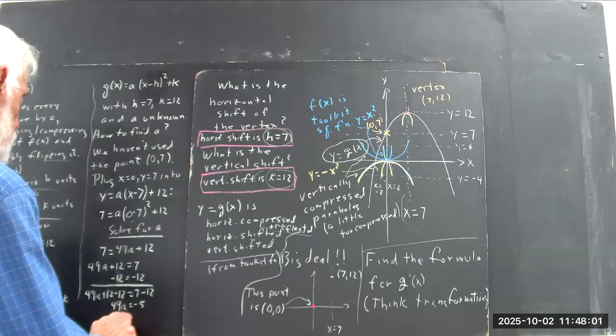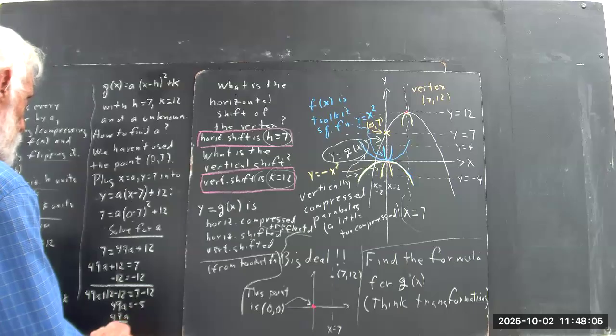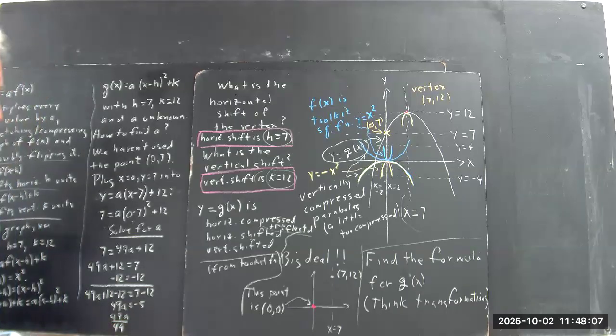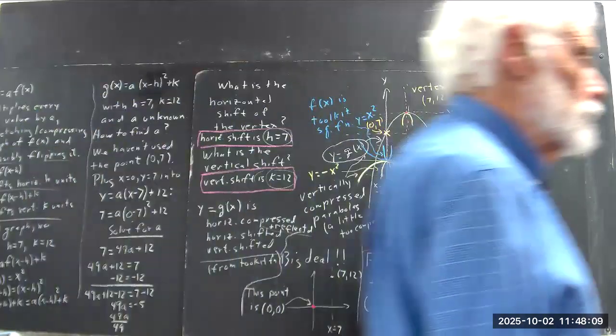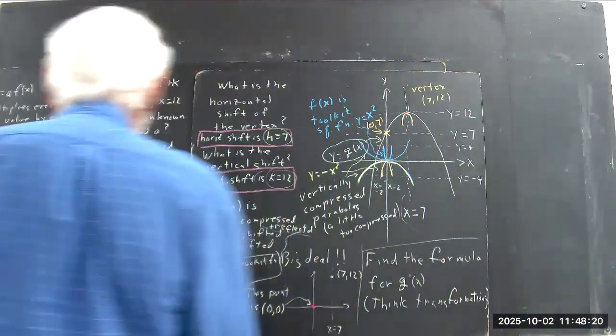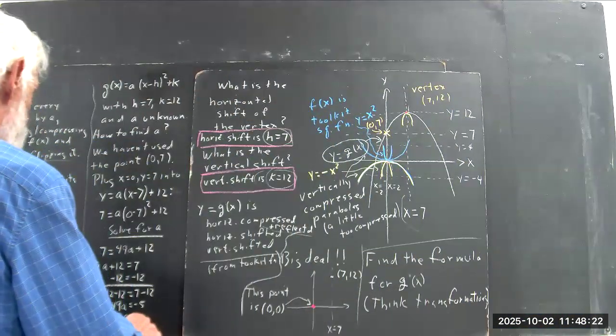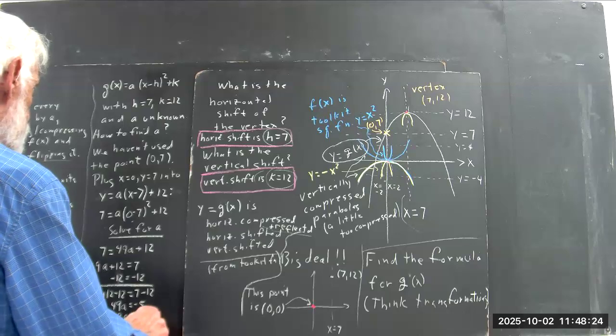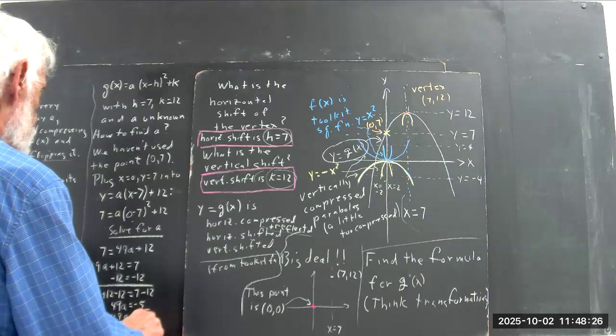And just to be complete, I don't really have room, but I'm going to kind of squeeze it in. We got 49a over 49. And let me make sure the camera picked up all of that. Shoot, I can't even find it on the screen, but there it is. Okay, we got it. 49a over 49 equals negative 5 over 49.